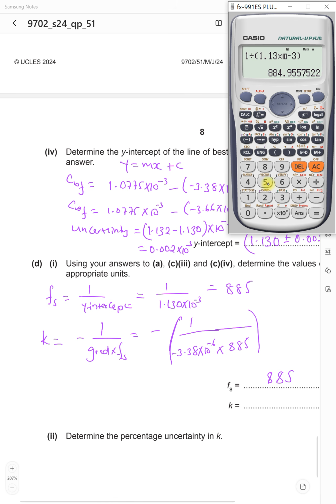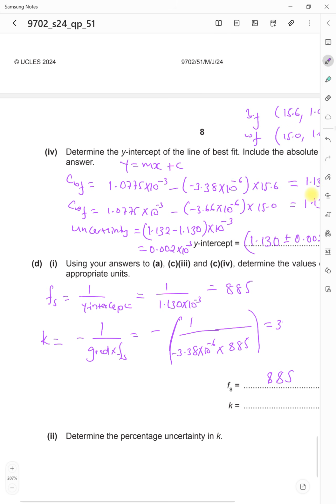Of course the negative is cancelling, so I will just say 885 times 3.38 exponent minus 6. Then I will say 1 divided by the answer. So that is 334. It becomes positive. Now let's check the units.